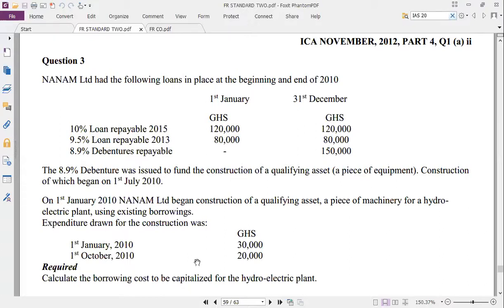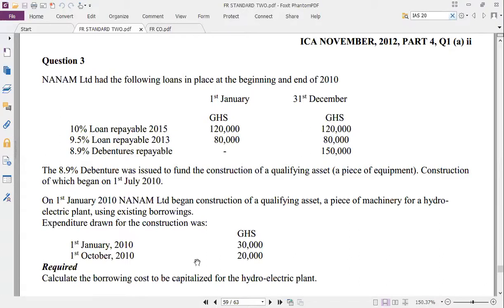Now, the examiner said that the 8.9% debenture was issued to fund the construction of a qualifying asset, a piece of equipment. So that means that one is for a particular asset, so it is not free. For the general pool of fund, we have to use free existing loans or free existing money.